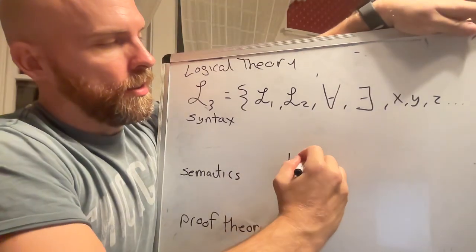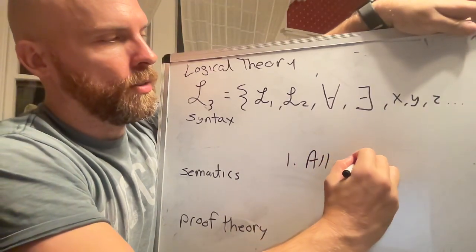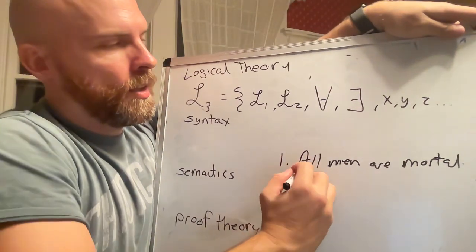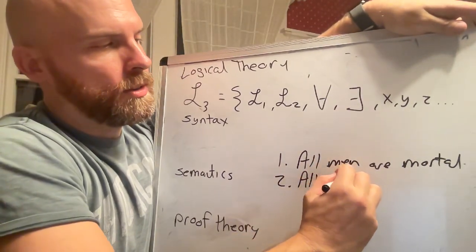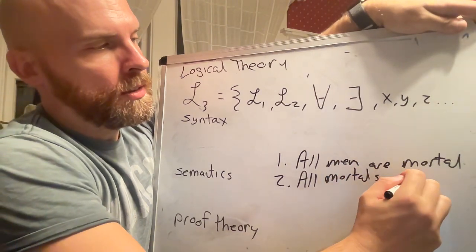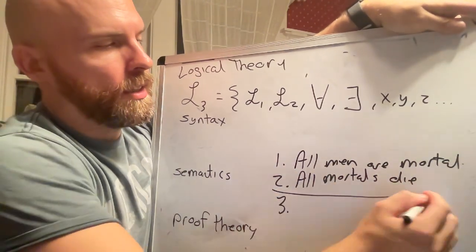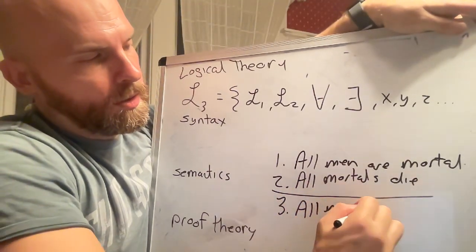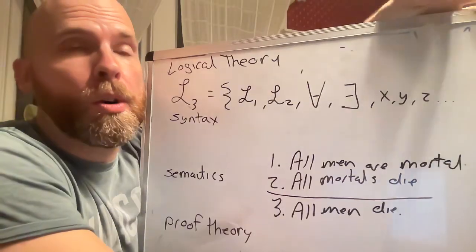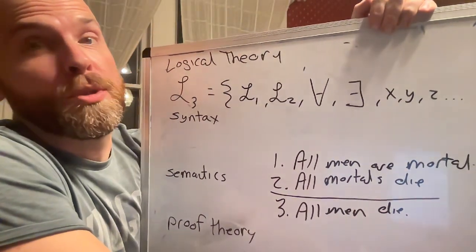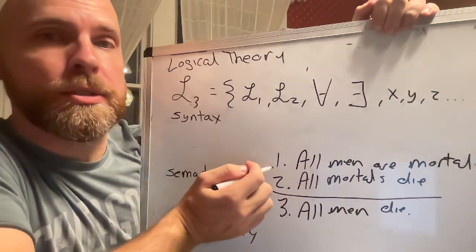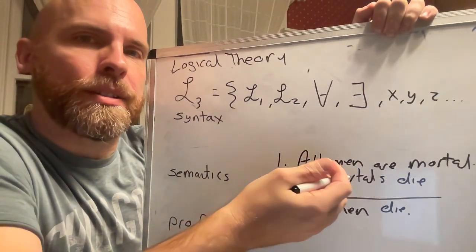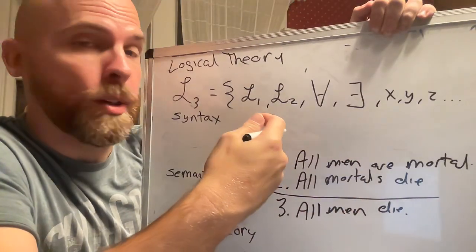So if I have a sentence like, all men are mortal, all mortals die, then we want to be able to say, as a matter of logic, that all men die, and so on. As far as I understand, this is true. If the premises are true, the conclusion is true, and that's what we're trying to characterize when we're talking about validity.